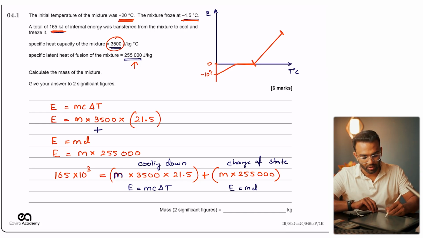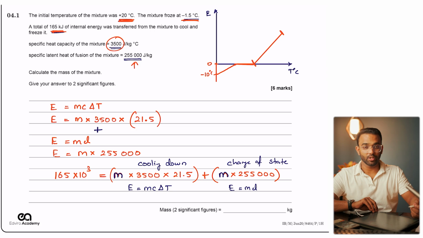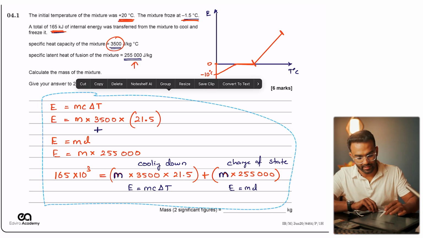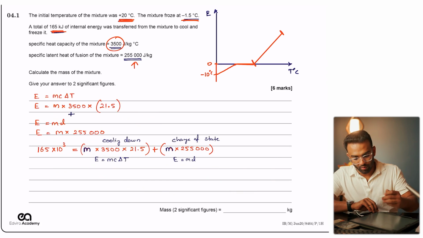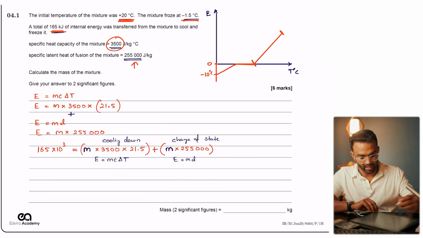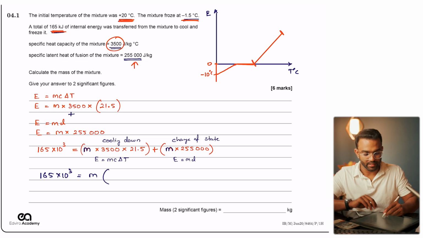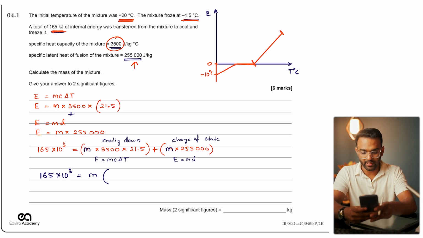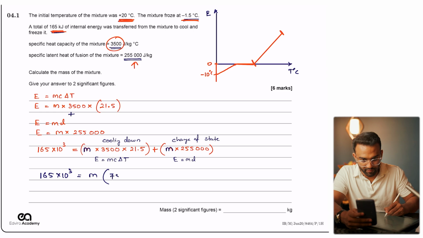From this, we have to work out m. What I will do is factorize the m. So I'm just going to make this a bit smaller. Now we are going to factorize m here. So 165 times 10 to the power of 3 equals m times, and 3,500 times 21.5 is giving me 75,250, plus, all right guys, when you multiply it, it will be exactly the same thing.